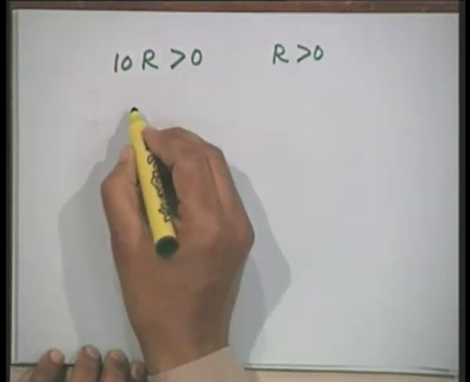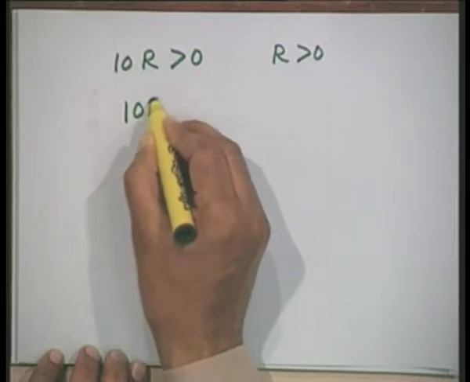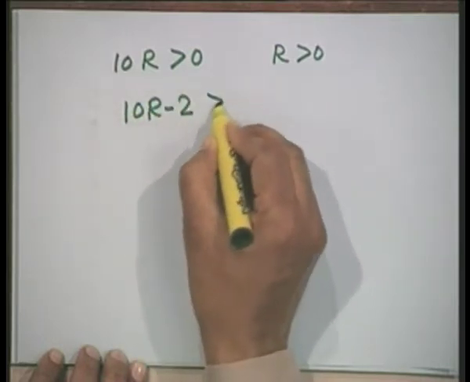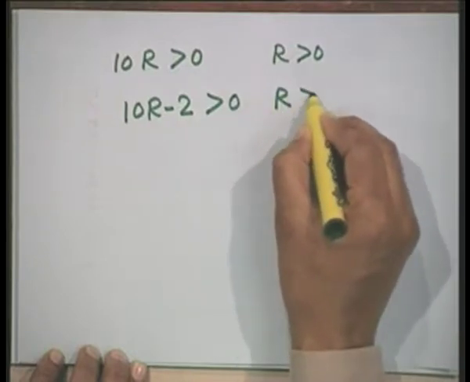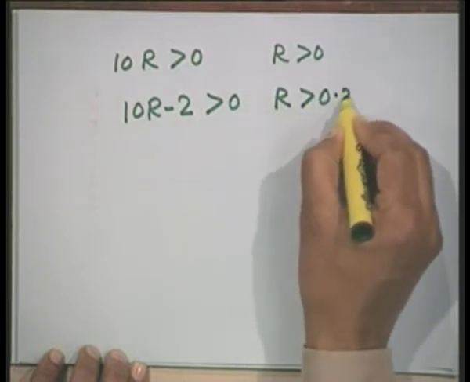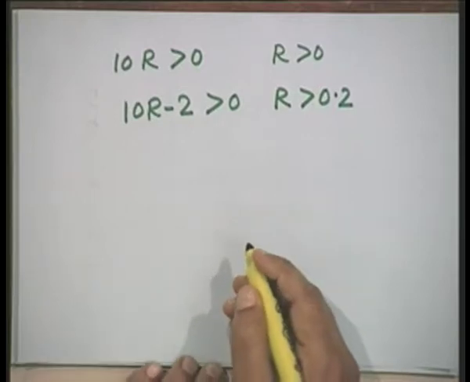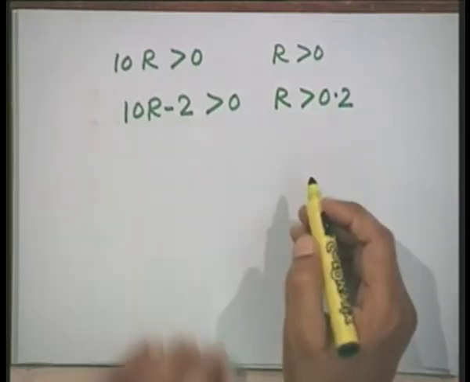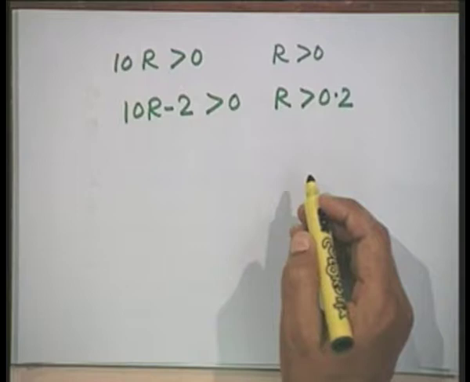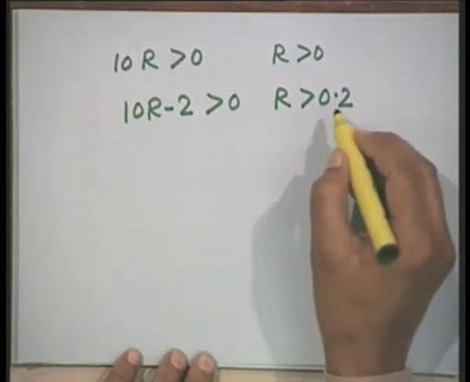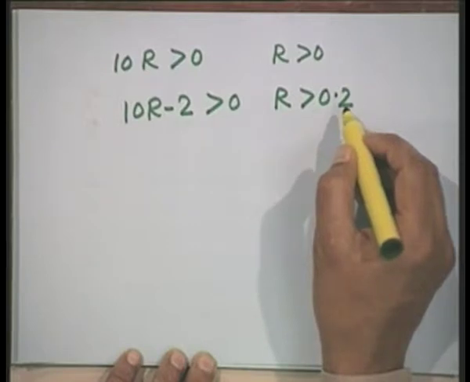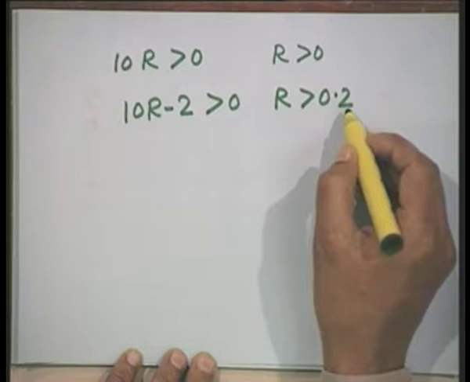The second requirement is that 10 R minus 2 should be greater than 0. This puts the requirement that R should be greater than 0.2. It means that from the consideration of stability, the minimum value of R which we can choose for this governor is 20%.